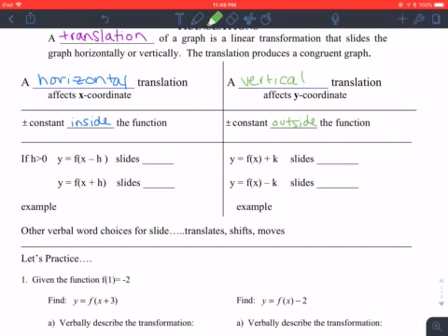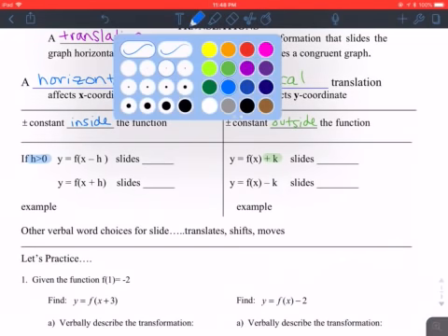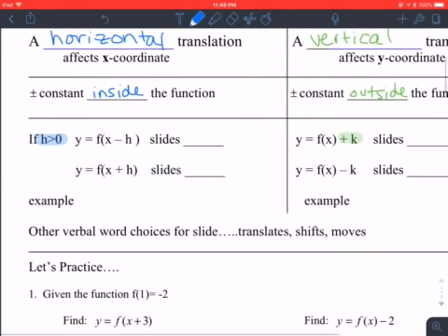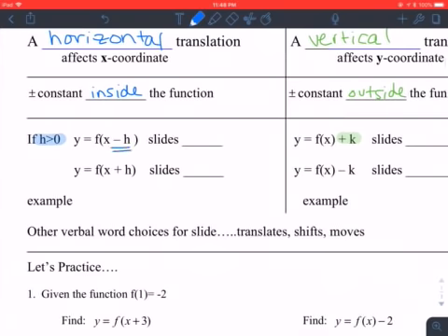Okay, we're going to use the letters H and K for this. So H is horizontal, K is going to be our vertical. Alright, so notice the H is inside the function, so inside the parentheses. If we have x minus h, we're sliding right h units.